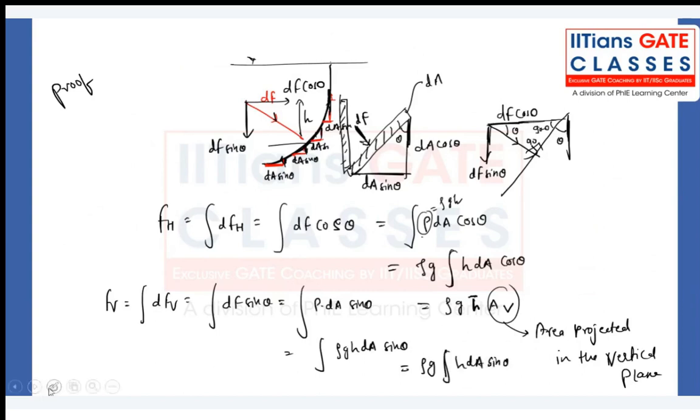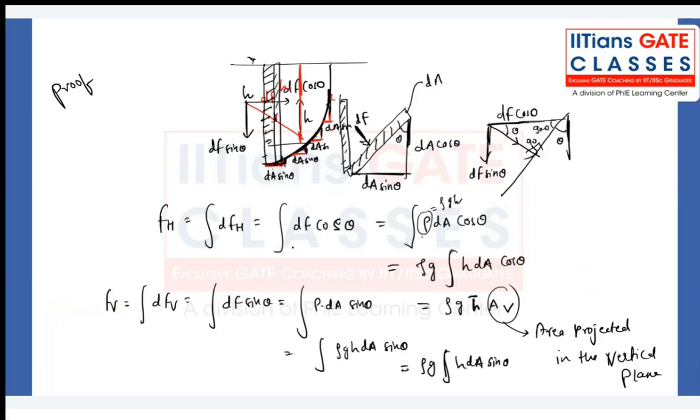What will you be getting? From a free surface, you have the height h, and dA sin theta is there. That means, see, if you draw a small vertical area, what will you get? So this is h into dA sin theta. See that from here.